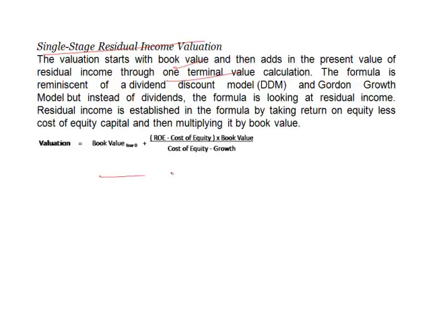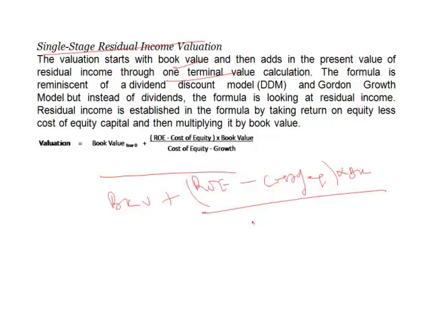You can see the formula, that is book value plus return on equity minus cost of equity, multiplied by book value, all over cost of equity minus growth.